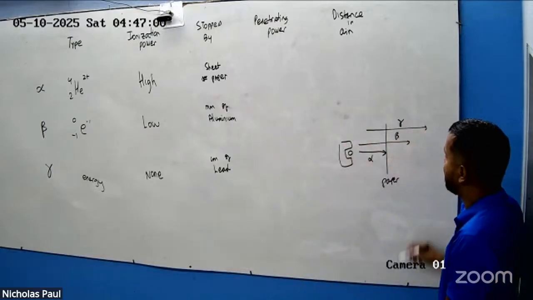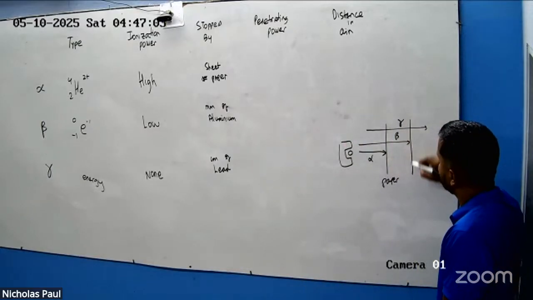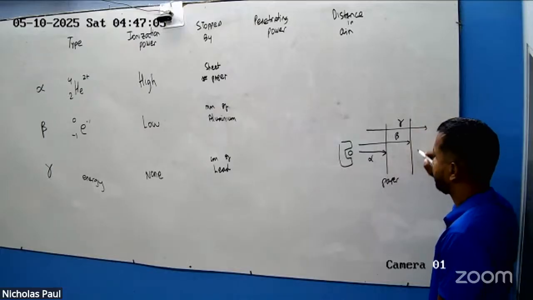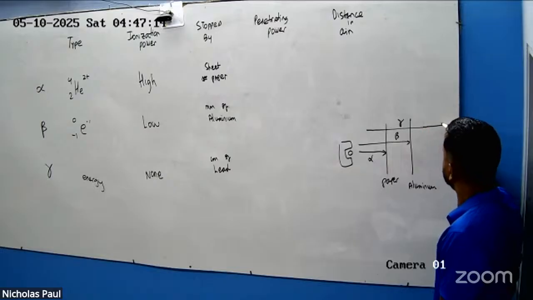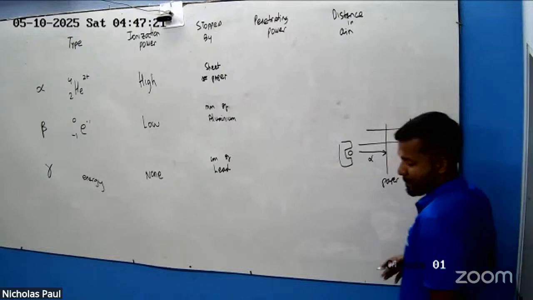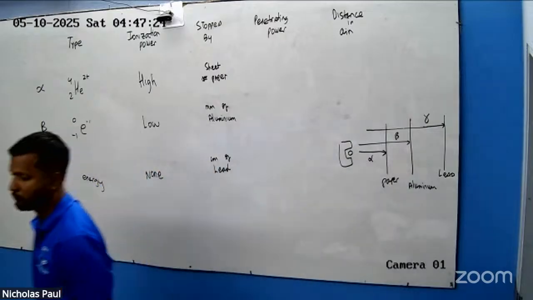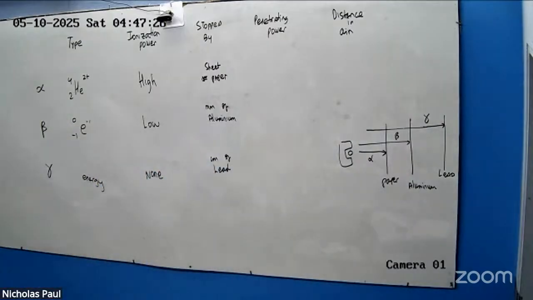That's the way to stop each one of these, right? So if you want to stop these radioactive particles, that's what you can do. Put the right material in front of it.